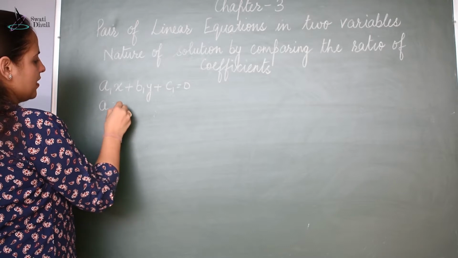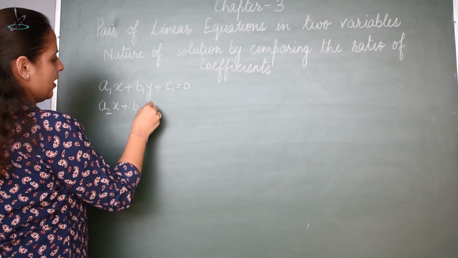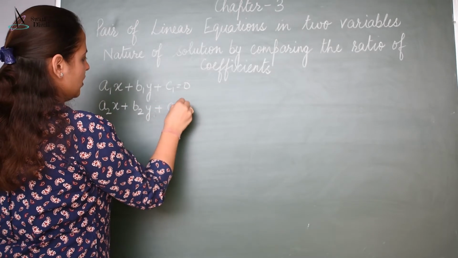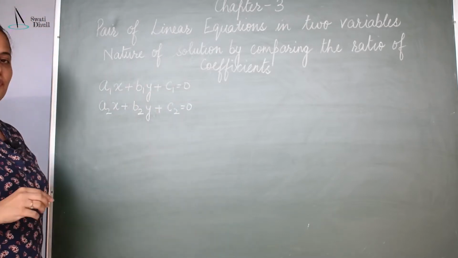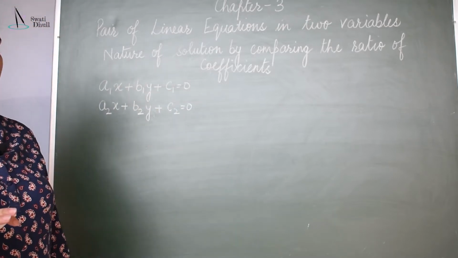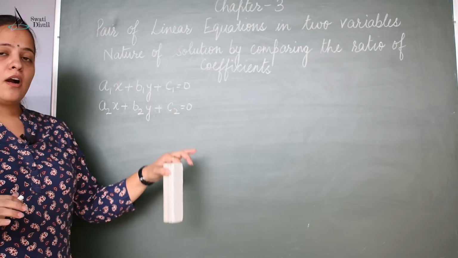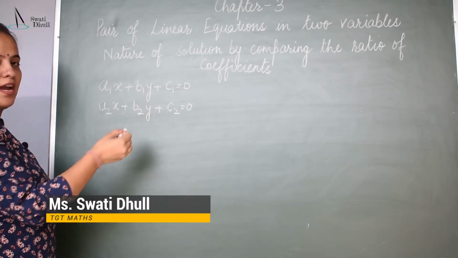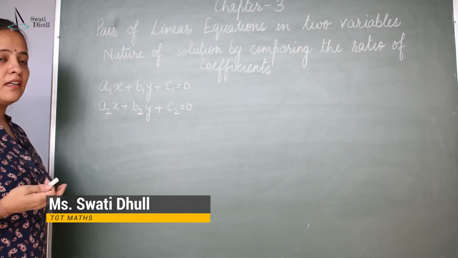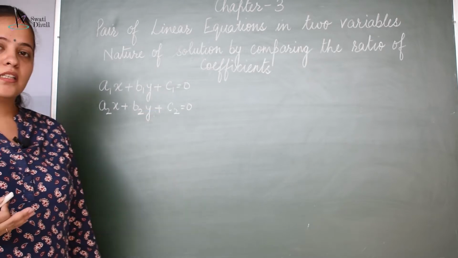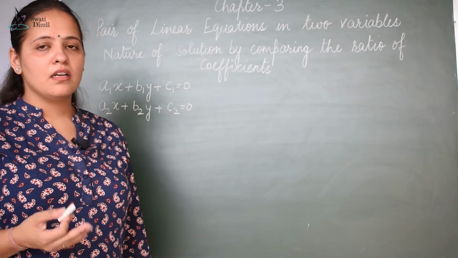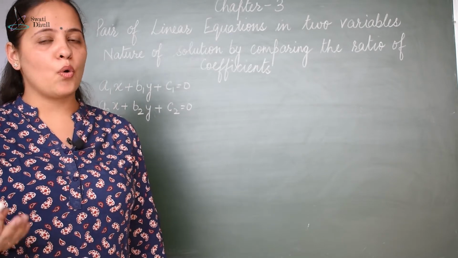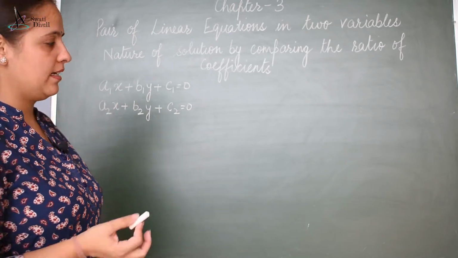Similarly, a2x plus b2y plus c2 is equal to 0. Now, by comparing the coefficients of x as well as y, we can find out whether the lines are parallel, coincident or intersecting.